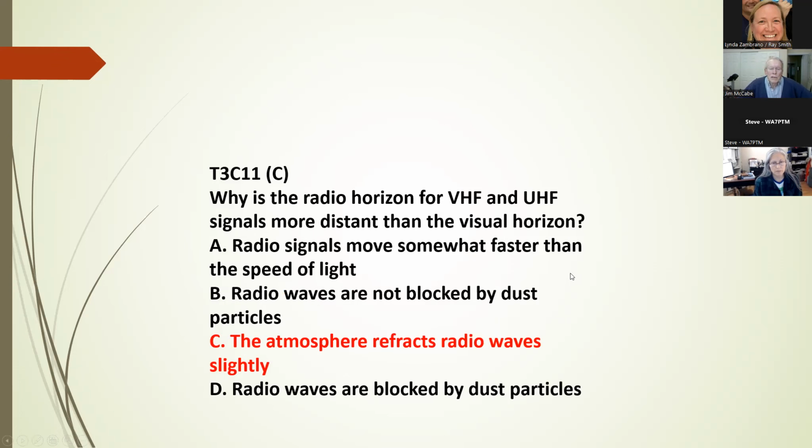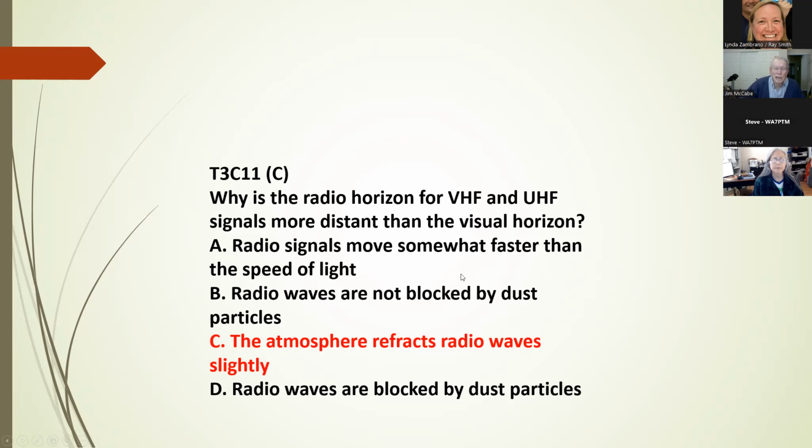And why is the radio horizon for UHF and VHF signals more distant than the visual horizon? Again, this gets back to the little picture of the hill and the knife edge diffraction. And we know that radio waves are refracted in the atmosphere the same way that light waves are refracted in a prism. And so you get atmospheric refraction, and that extends the radio horizon a bit beyond what the visual horizon would be.